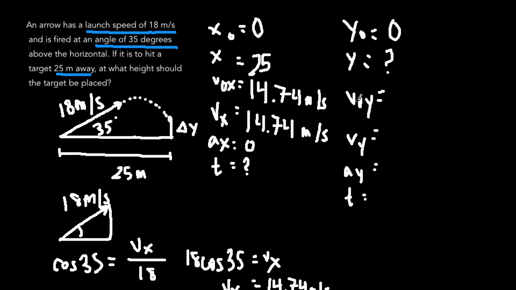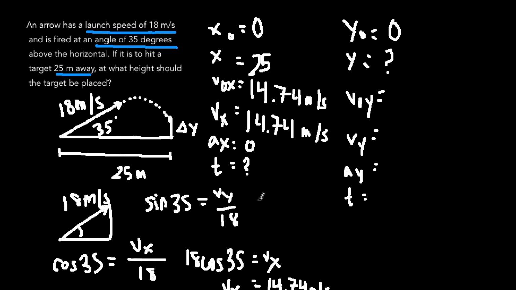So for the initial velocity in the y direction, once again we have to use a bit of trig. This time we're going to use sine. Sine 35 is equal to Vy over 18. Multiply both sides by 18.